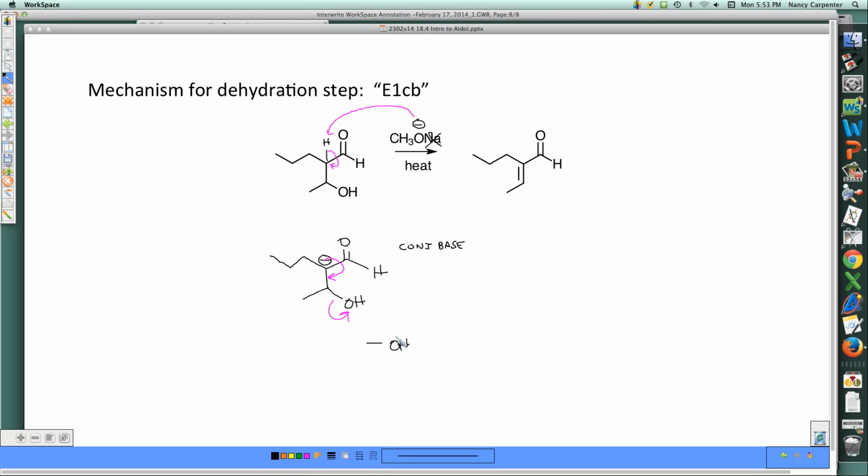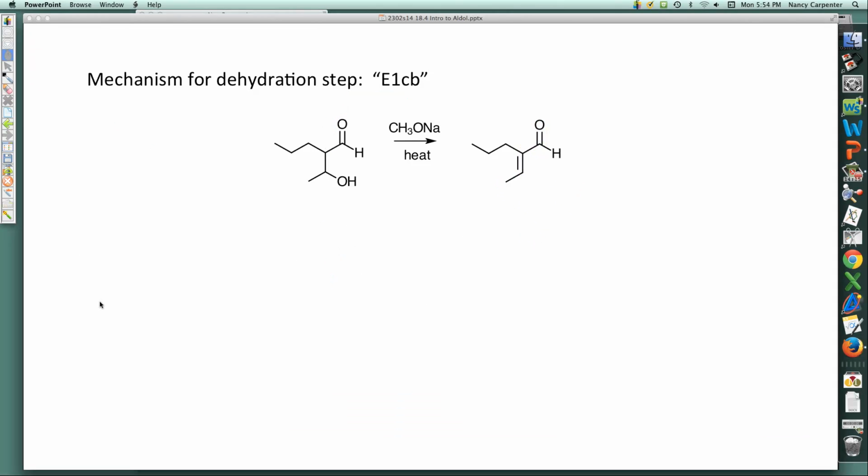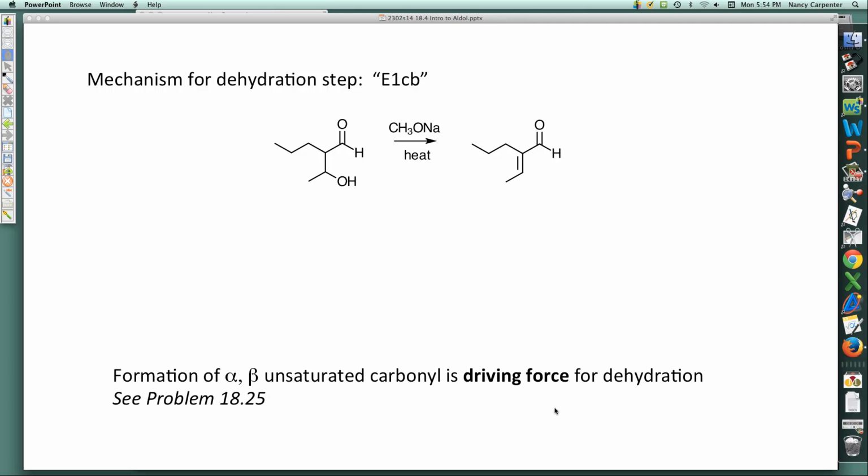minus OH minus? What? I always told you that's a terrible leaving group, and you know what? It is a terrible leaving group. Trust me on that. But this is such a stable system that is the driving force, the complete driving force for forming the dehydration product.